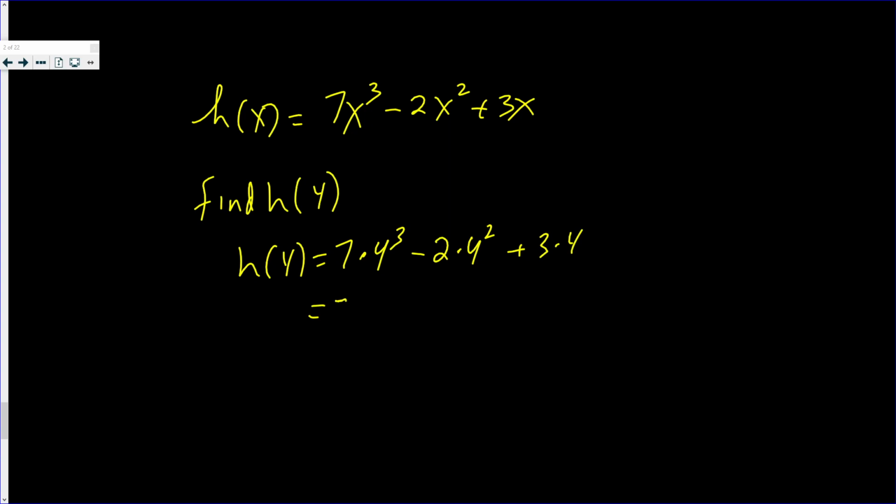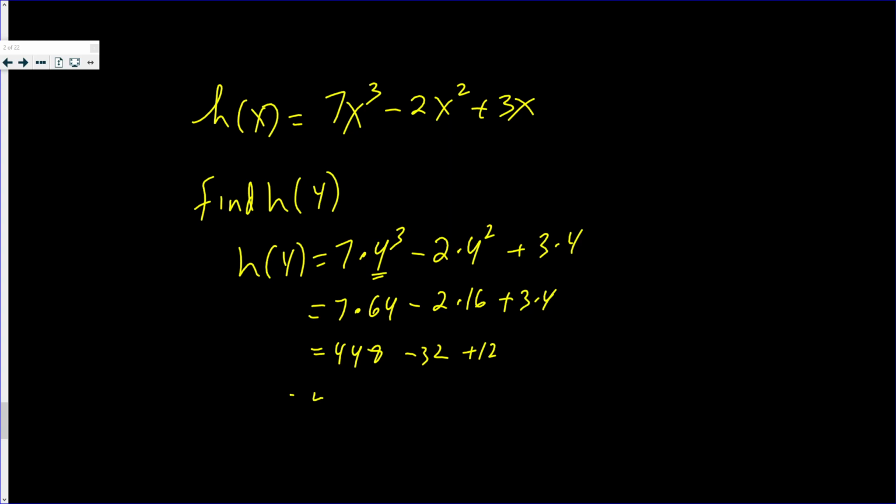Going to have heavy duty multiplication. 4 cubed is 64 minus 2 times 16 plus 3 times 4. 448, I'm pretty sure. Yeah, minus 32 plus 12.